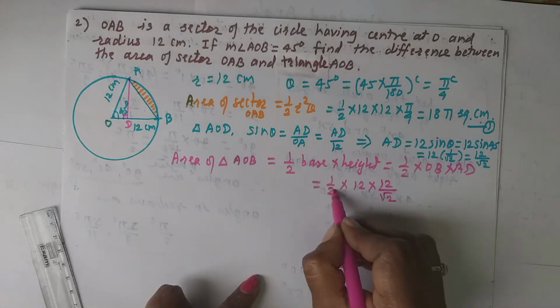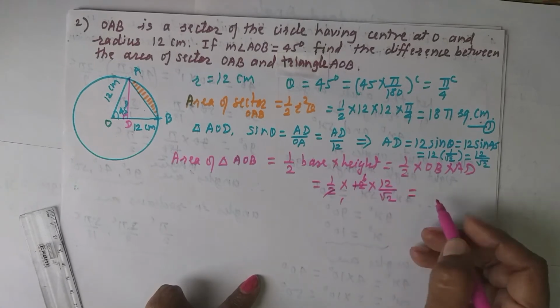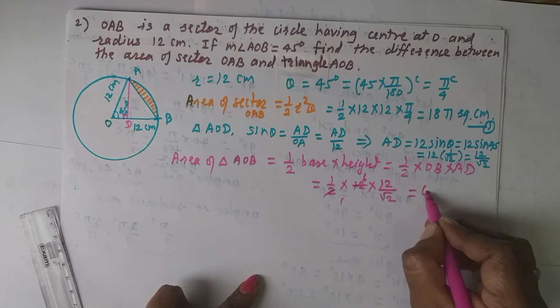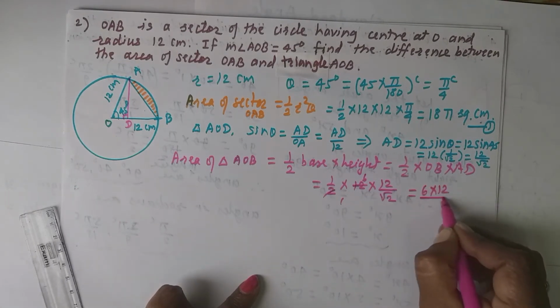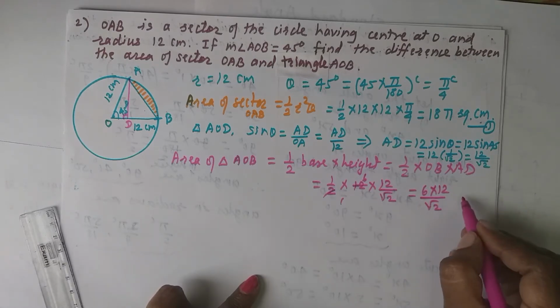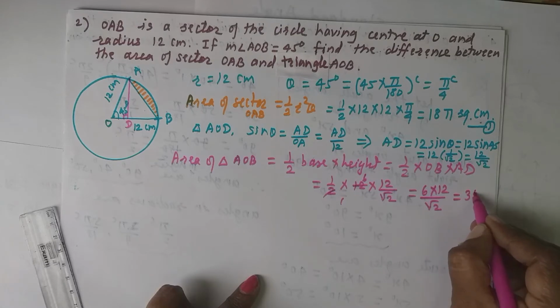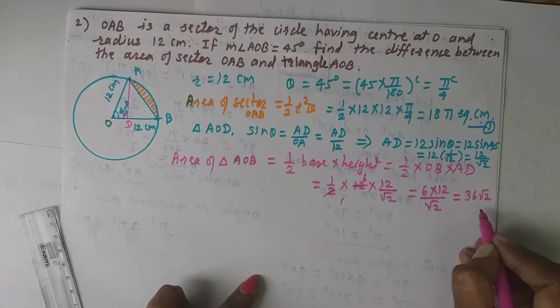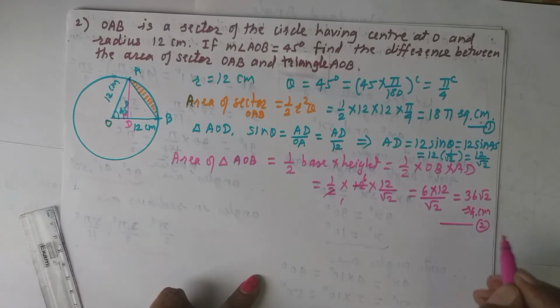If I simplify this, then it will be 6 into 12 divided by root 2. Divide and multiply this by root 2. Then I will get 36 root 2. And as this is area, you write down square centimeter and treat this as equation 2.